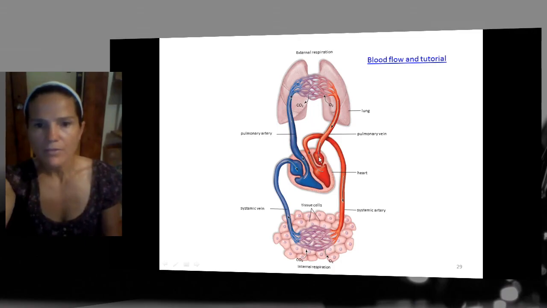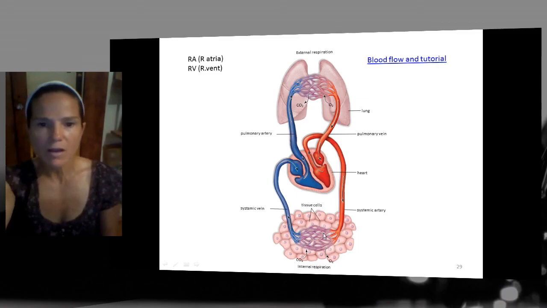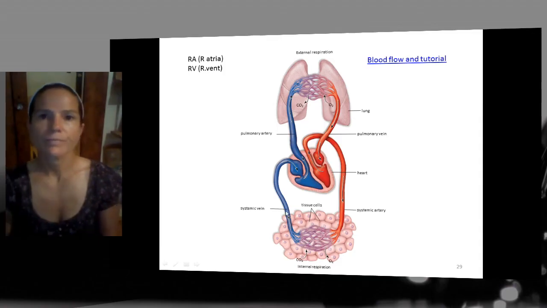left atria, left ventricle, it looks like a V, pumps really hard out the aorta, gets a little bit smaller to an artery, into a capillary, diffusion, glucose out, amino acids out, oxygen out, CO2 back in, and waste products, and then back through a vein.